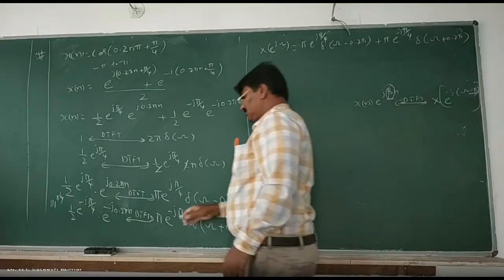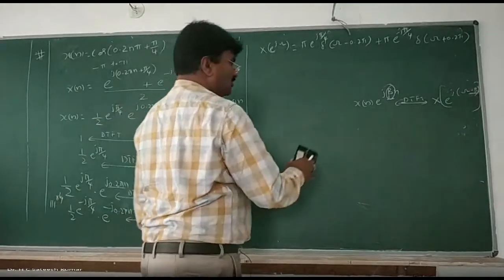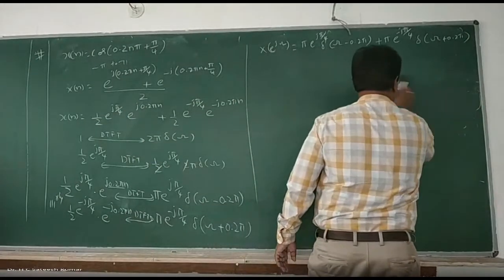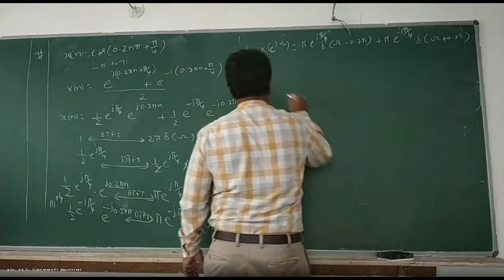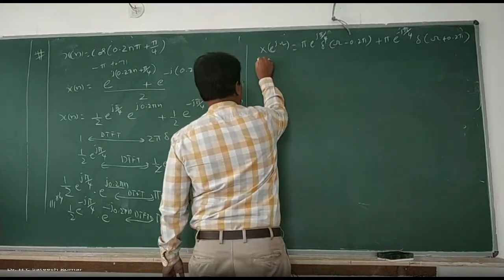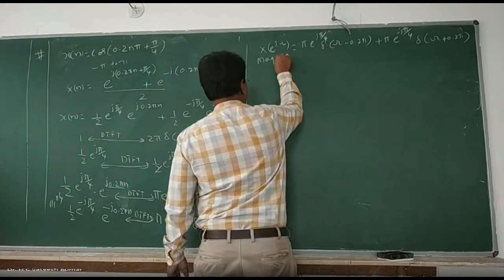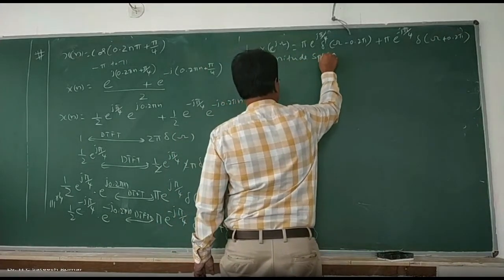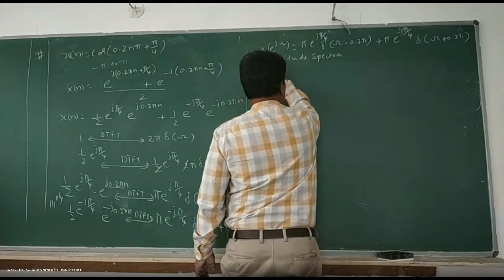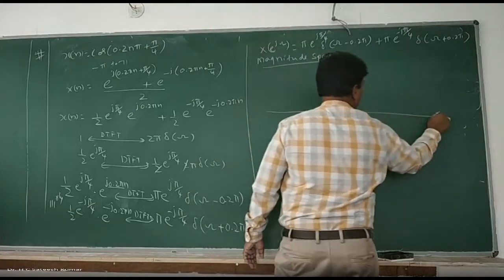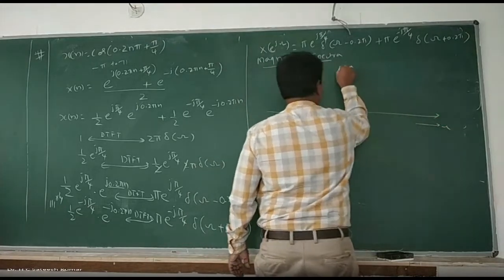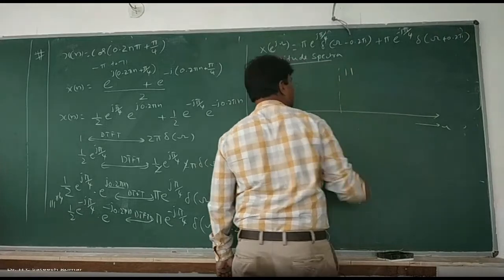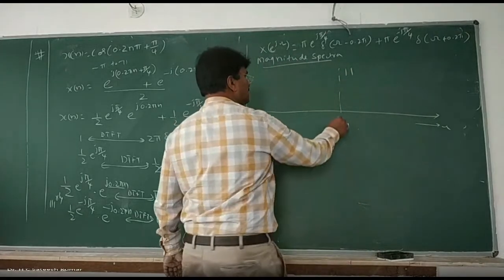Okay, right. So now we shall write down the magnitude spectra as well as the phase spectra. First one, magnitude spectra. So this is frequency, this is magnitude at 0.